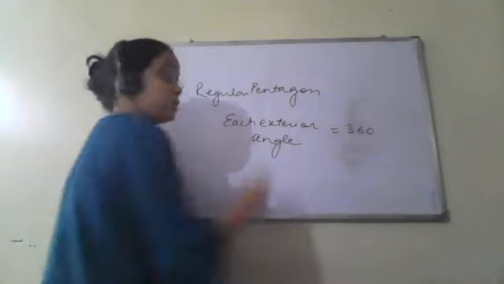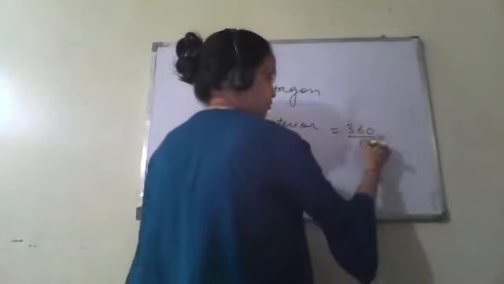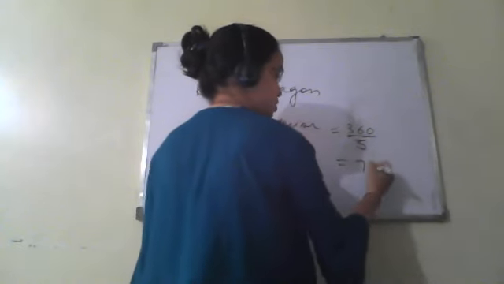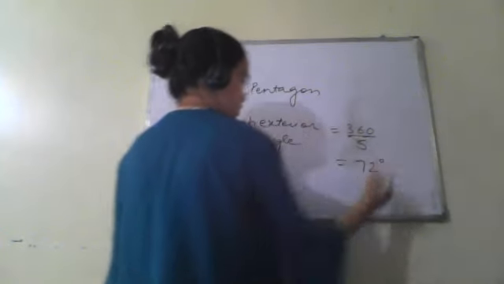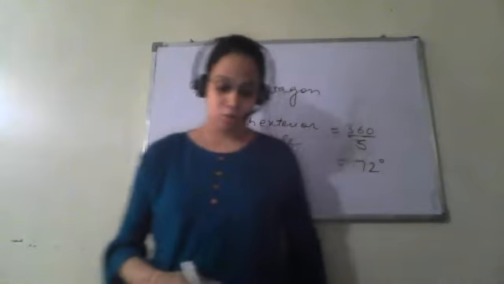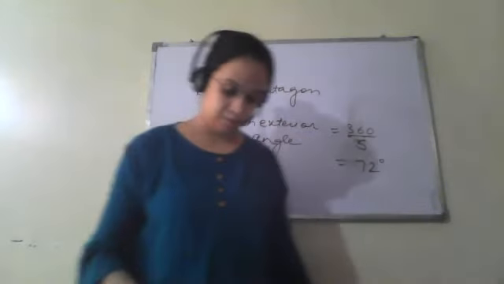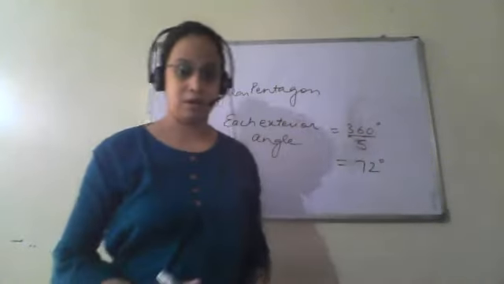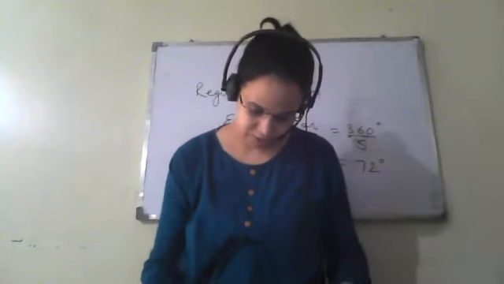In case of a pentagon, n is 5. So 360 divided by 5 is 72. So each exterior angle of a regular pentagon will be 72 degrees, calculated by 360 divided by the number of sides, n. Clear? I hope this is clear.